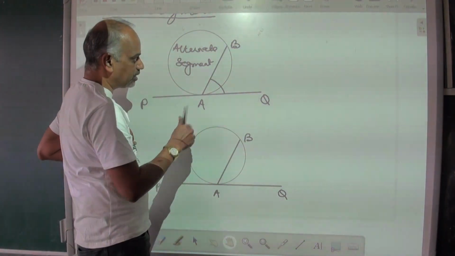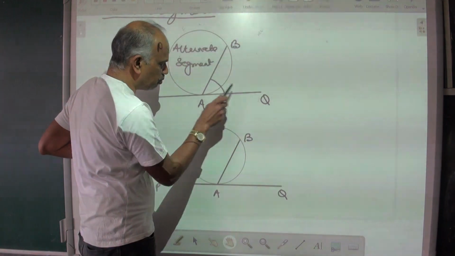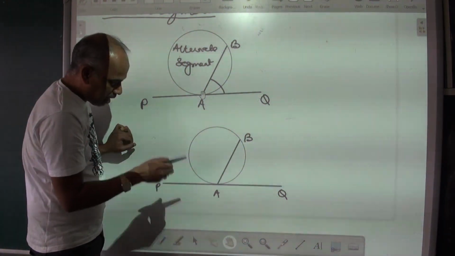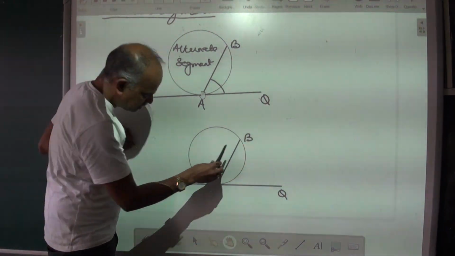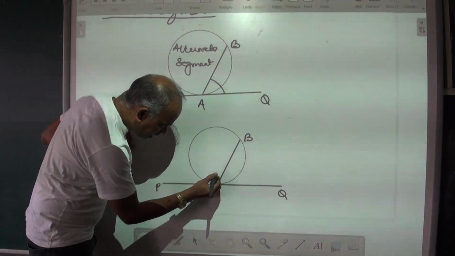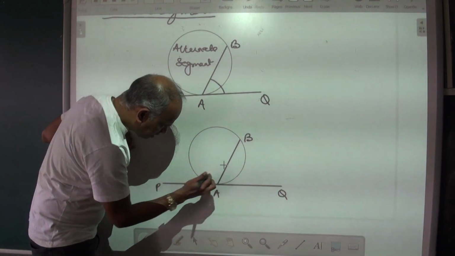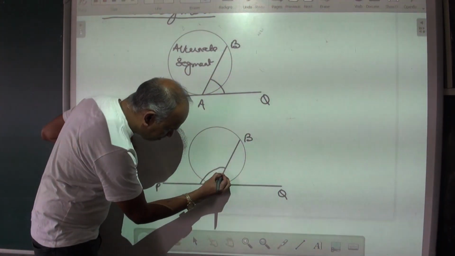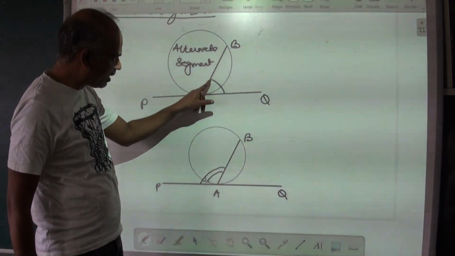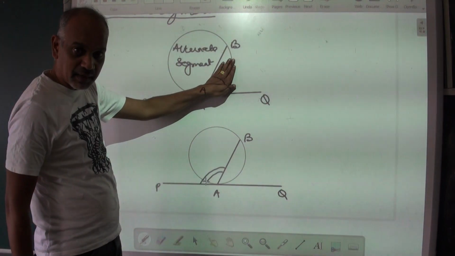The first angle I considered was BAQ, between the chord and the tangent. I am going to consider the second angle, between the same chord and the tangent. The angle is BAP, this one. In the previous case, I took the angle which was touching this segment.